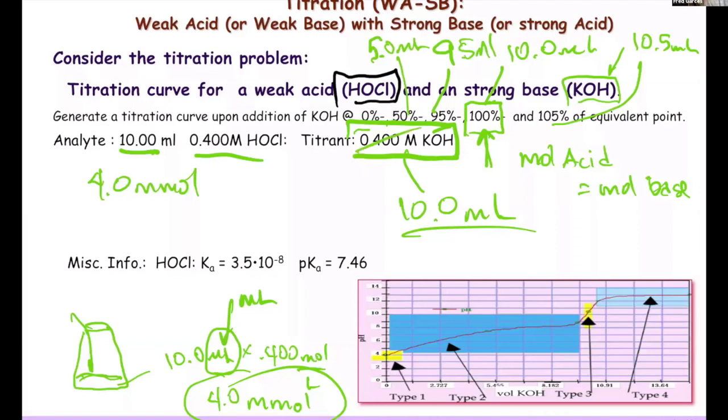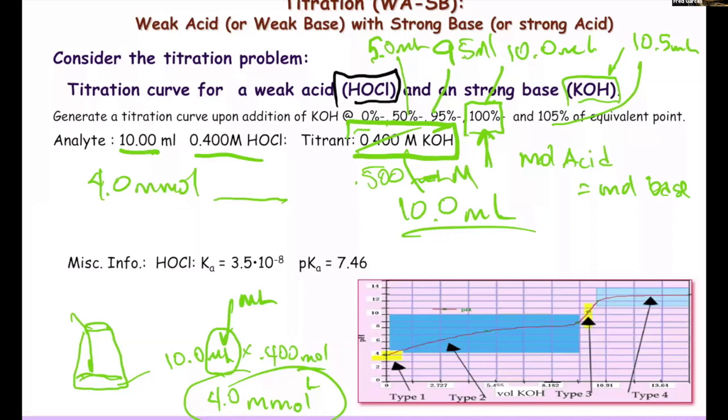Now suppose this wasn't 0.4. Let's give you a weird number, say 0.5 molar. I can simply take this 4.0 millimoles and do this.